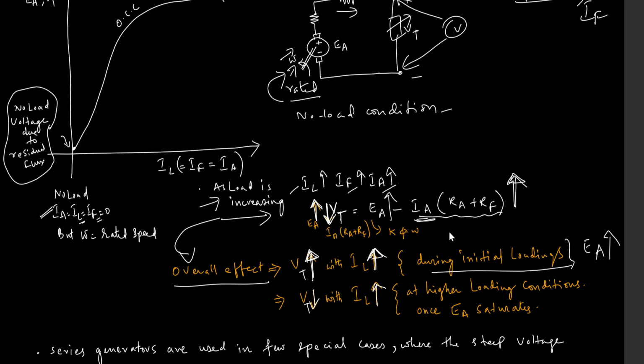And the other effect is, with the increase in load current, the terminal voltage decreases. This is due to core saturation at higher loads. Due to core saturation, the EA increase is now reduced, and due to armature reaction and the voltage drop, the terminal voltage tries to reduce. So there are two forces acting on the machine simultaneously.